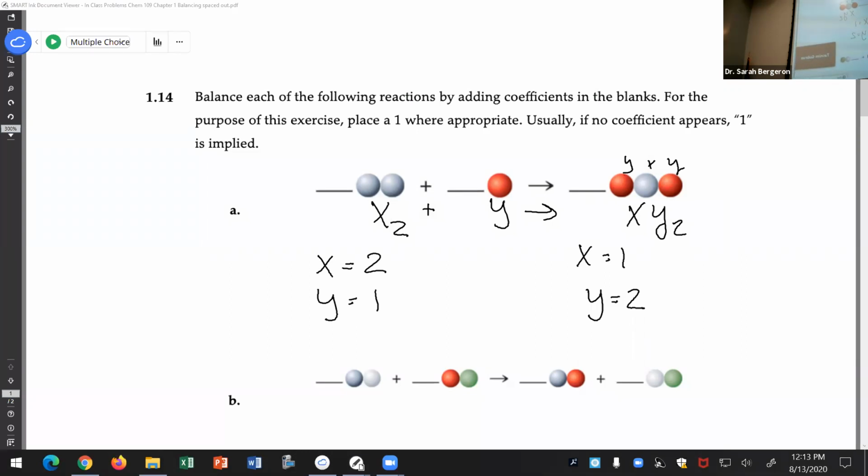What do I need to do? I don't have enough X over here. So how do I get enough X? Multiply by 2. So if I put a 2 here, I definitely now have 2 X's, but how many Y's do I have? 4, because it happened to both of them.